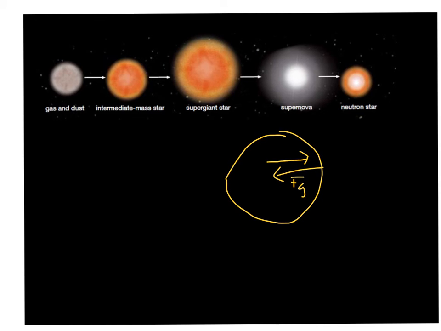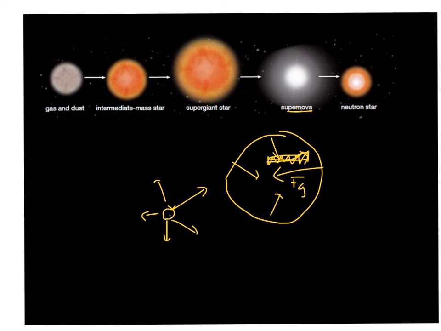What happens when it undergoes supernova is that the force of gravity wins. As it runs out of stuff to fuse, the star implodes on itself. When it reaches that iron core, it rebounds and then goes supernova. That's how a supernova happens.